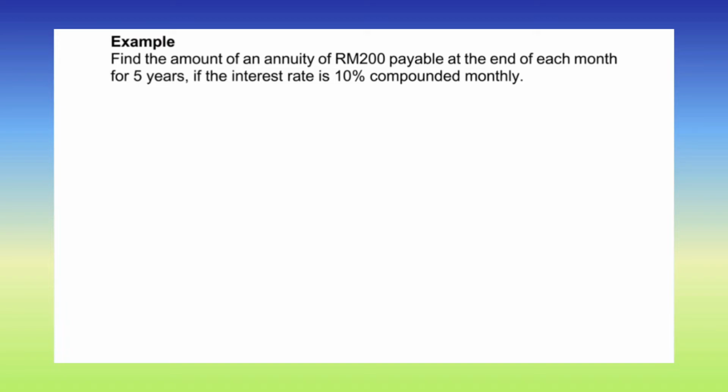Here we have R equal to RM200, M equal to 12, T equal to 5 years, interest rate J equal to 10%, which is 0.1.